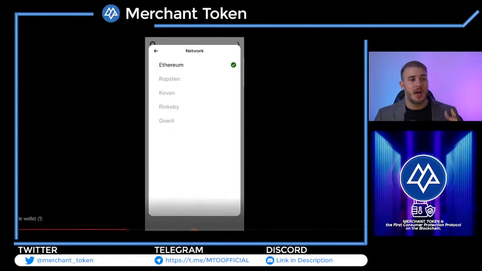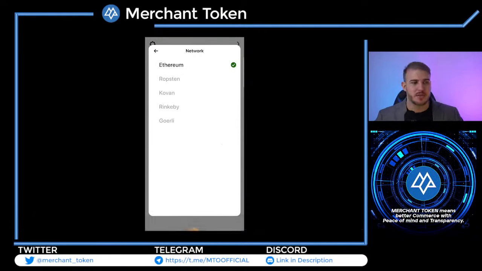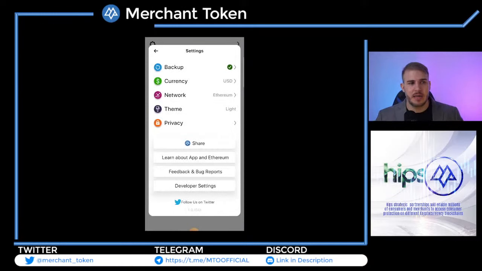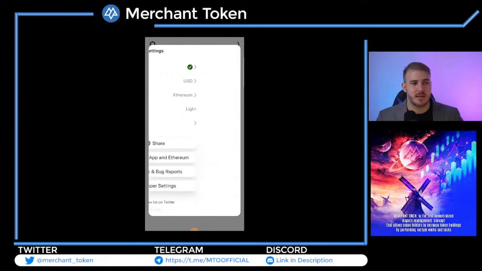The network can work right now on Ethereum, Ropsten, Kovan, which are mostly test networks as well. And in the future, of course, we will be adding more networks as we move along. And most importantly, mainnet, once it is released, we will add that one as well. You can change the theme from light to dark, so that was added as well.